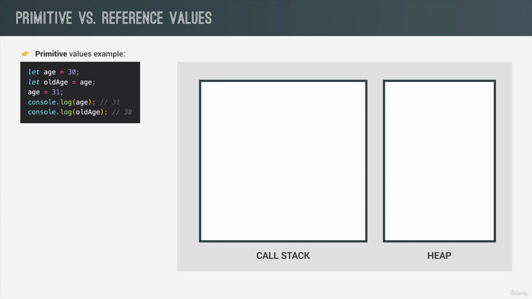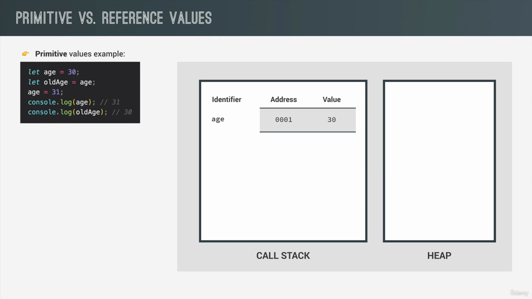Well, first, JavaScript will create a so-called unique identifier with the variable name. Then a piece of memory will be allocated with a certain address, so 0001 in this example, and finally the value will be stored in memory at the specified address. So in this case, the value 30 will be specified at memory address 0001.